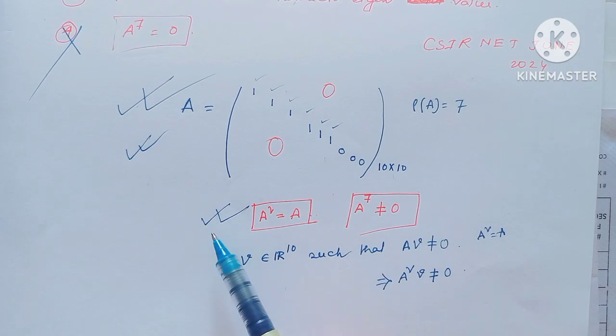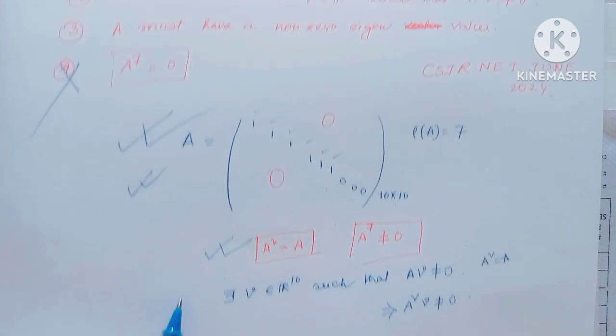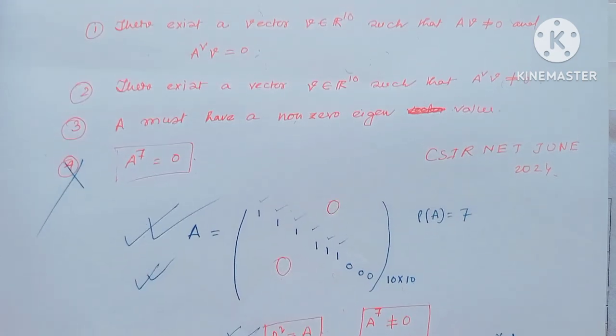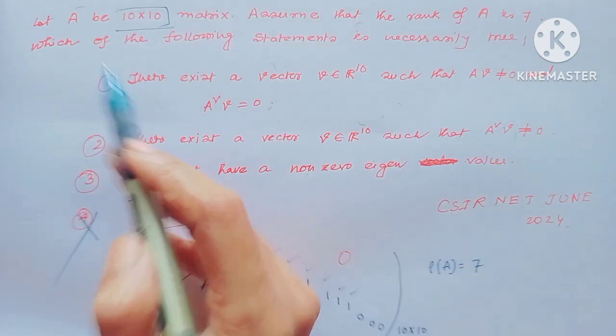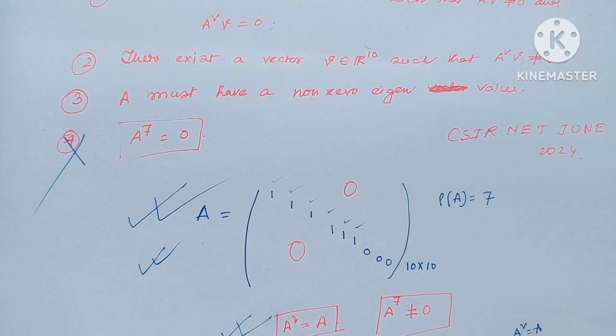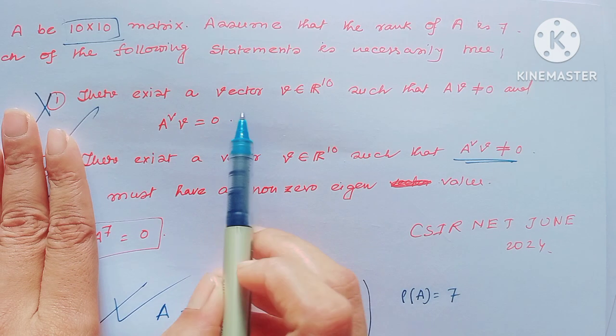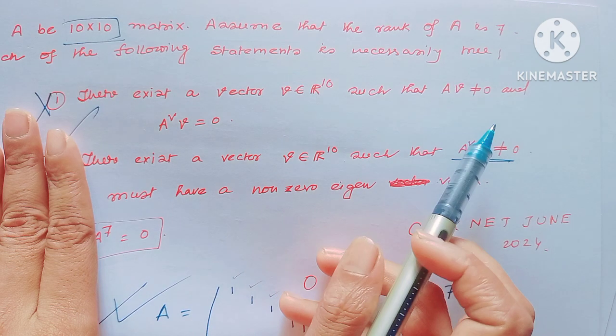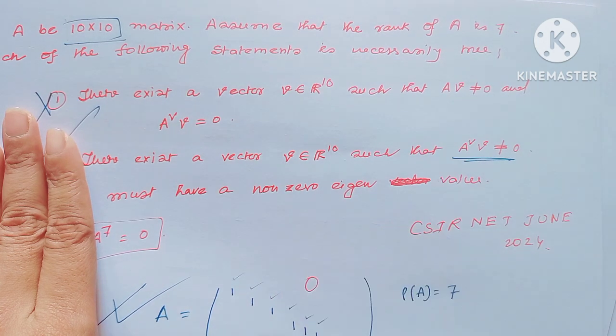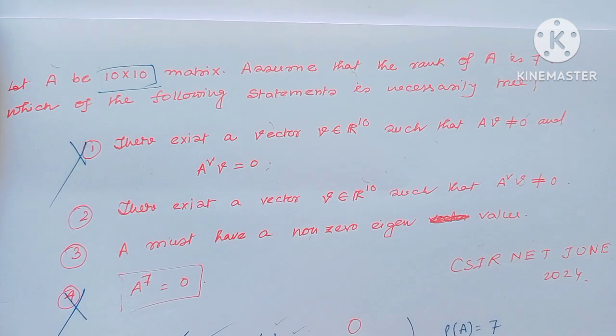So if we consider this type of idempotent matrix, AV not equal to 0 implies A squared V also not equal to 0. By this construction we can delete option 1 as wrong. Next I will look at whether A must have a non-zero eigenvalue.